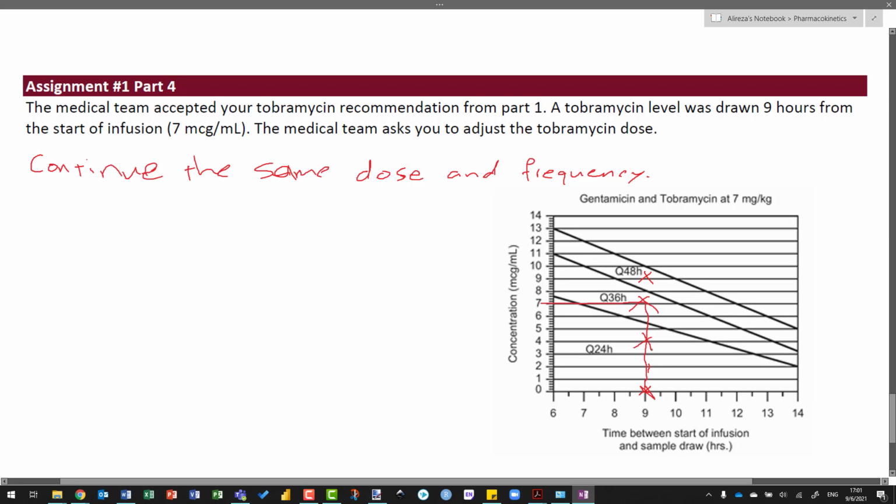Or if the level was too low, let's say 4, that means the body is clearing it. So even though initially based on creatinine clearance we said every 36 hours, the body is clearing it, so we should reduce the frequency to every 24 hours. For this patient specifically, it came out in the zone of every 36 hours, so we actually got the frequency right the first time, so there's no need to change.